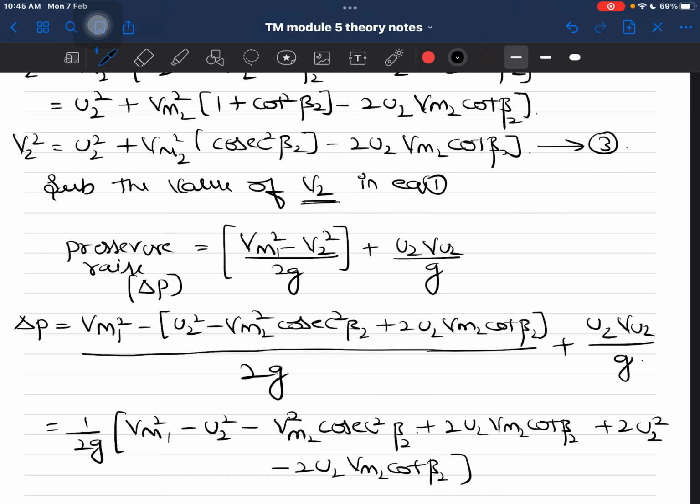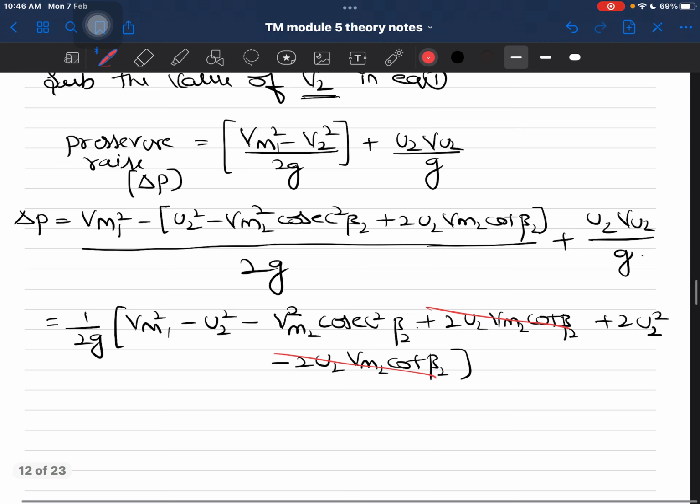From this, what happens now? Anything would cancel. So I guess plus 2 u2 Vm2 cot beta 2 and minus 2 u2 Vm2 cot beta 2, these both expressions will get cancelled. What else? You have one u2 square here and one more u2 square. You can combine these two.